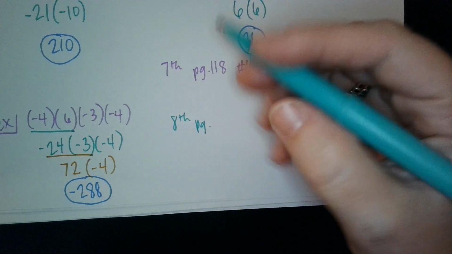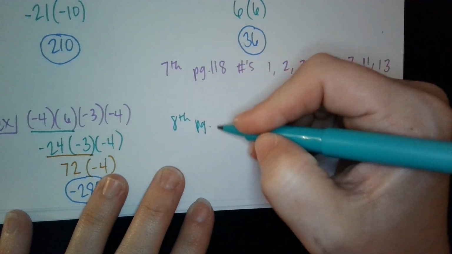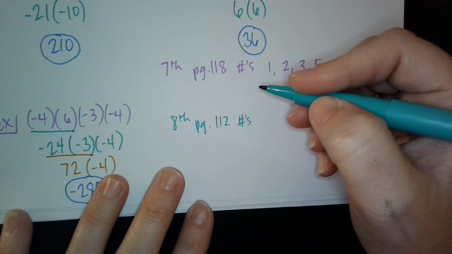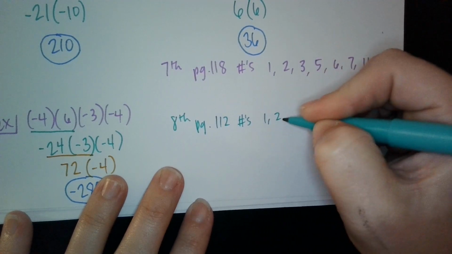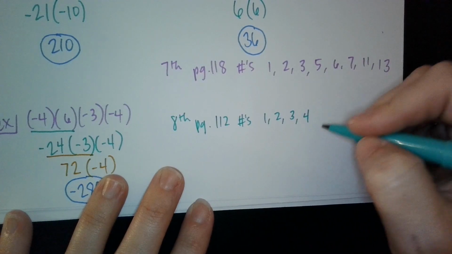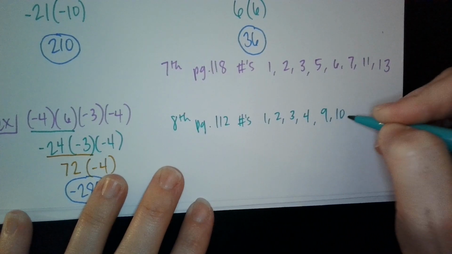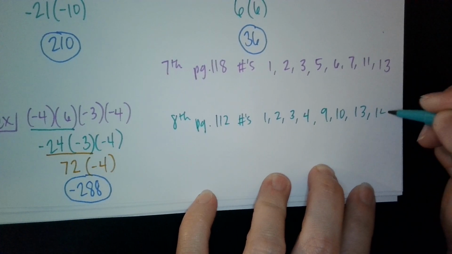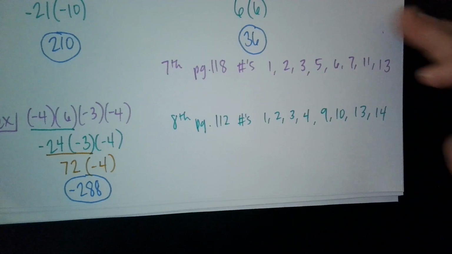Yours is on page 112. You're going to do 1, 2, 3, 4, 9, 10, 13, 14. Alright. Now we're done.